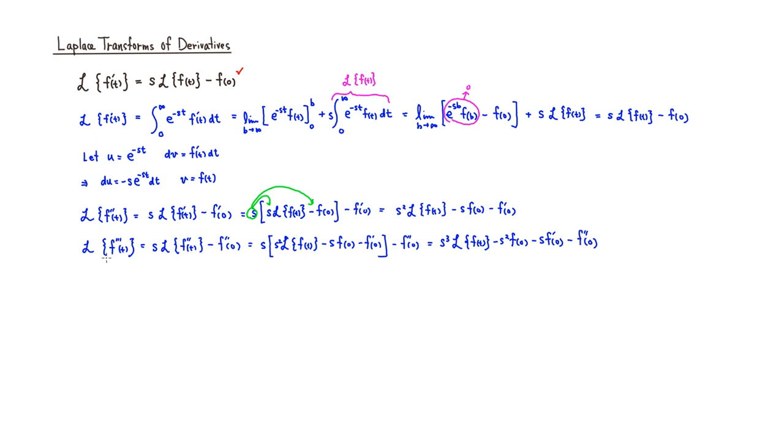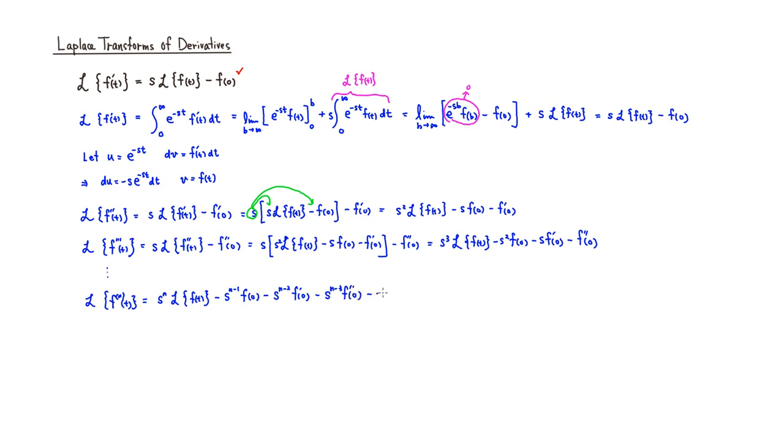Following the pattern, the Laplace transform of the nth derivative of f of t is s to the n times the Laplace transform of f of t, minus s to the n minus 1 times f of 0, minus s to the n minus 2 times f prime of 0, minus s to the n minus 3 times f double prime of 0.